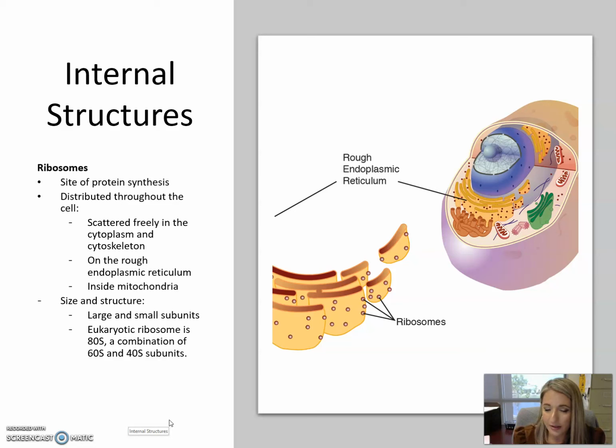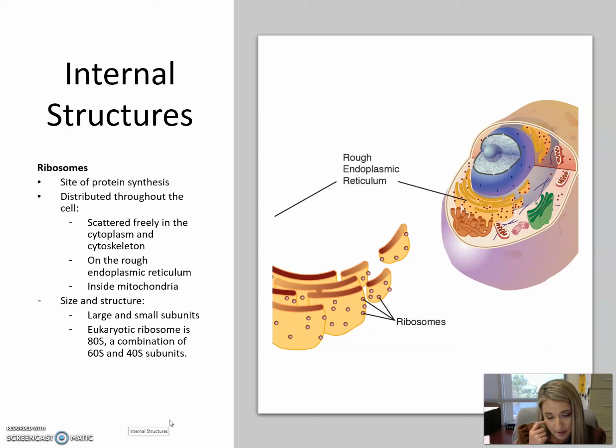Again, I know that doesn't make sense because it's not an additive property, but it's based on density. And with prokaryotic cells or bacterial cells, their large subunit is 50S, their small subunit is 30S. So when those two come together during translation, it totals a 70S size ribosome. So eukaryotic ribosomes are bigger than prokaryotic ribosomes.